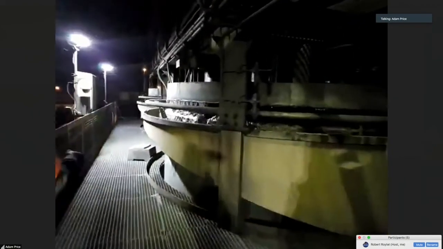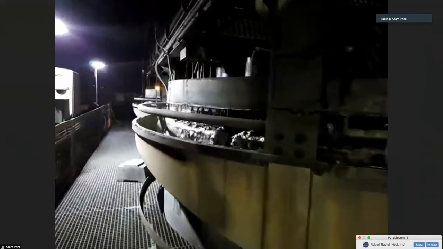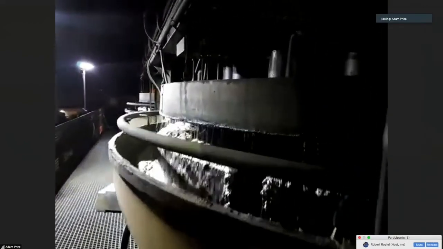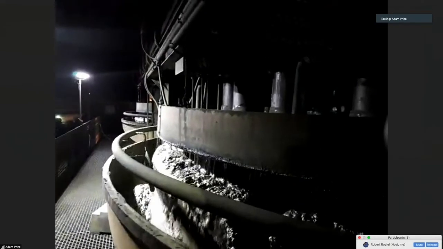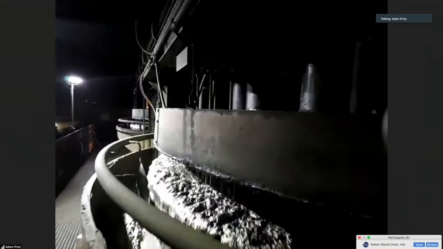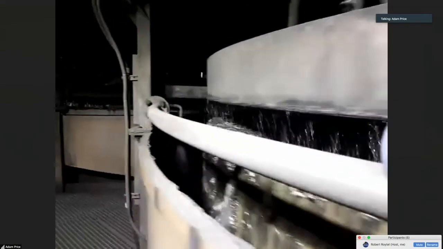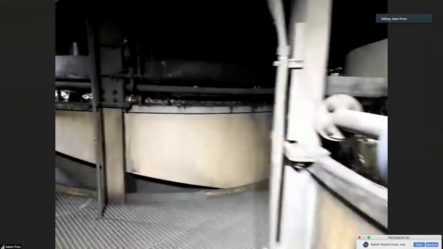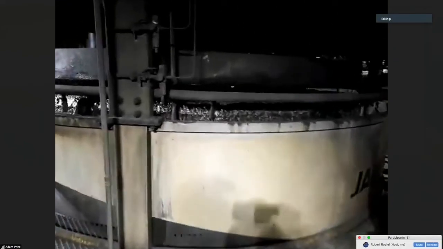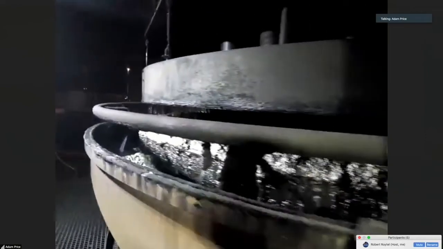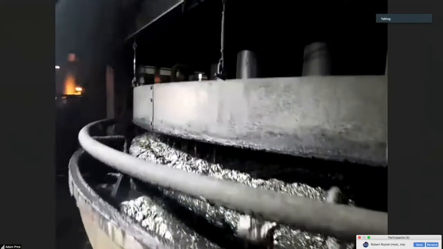The cleaner would produce the remaining portion of our final concentrate stream, and then its tail would report to the last Jameson cell we have here. We call this last one the cleaner scavenger Jameson cell. The concentrate it produces would report to the cleaner Jameson cell, and the tail would report to the cleaner scavenger tank cells.